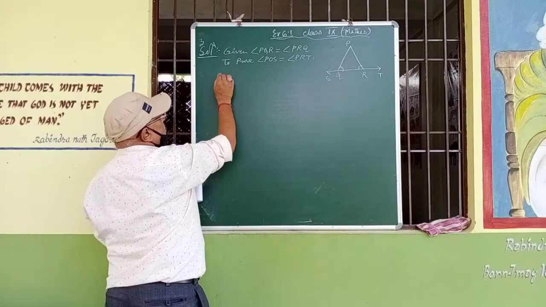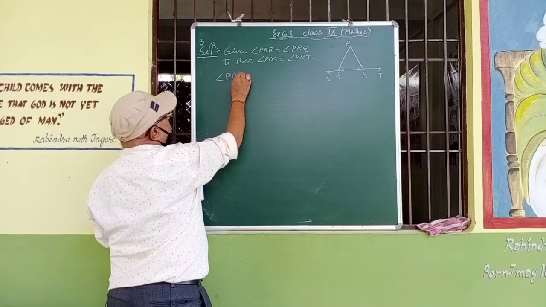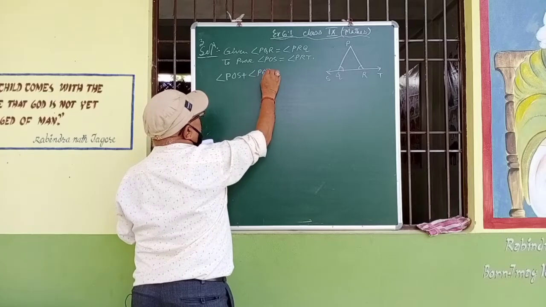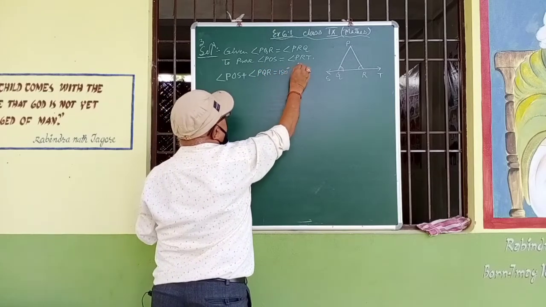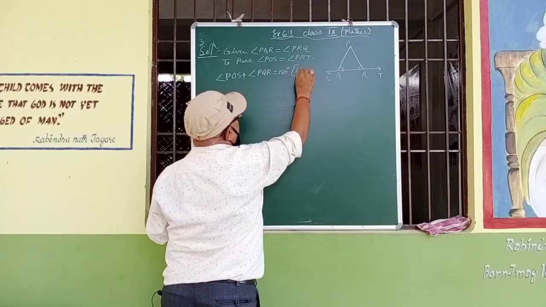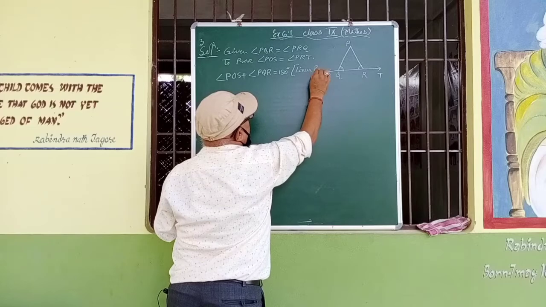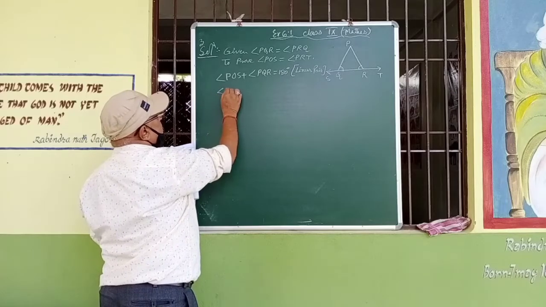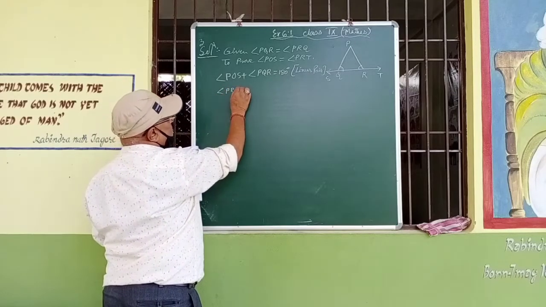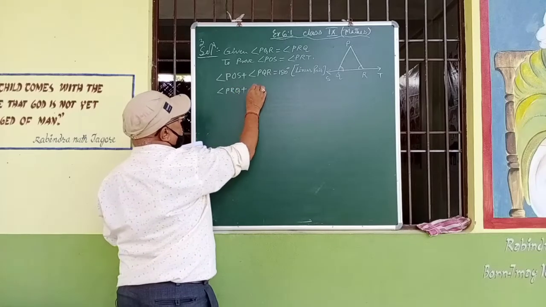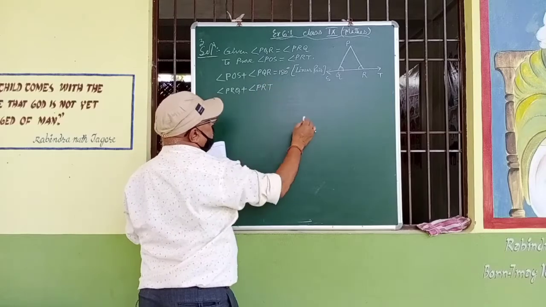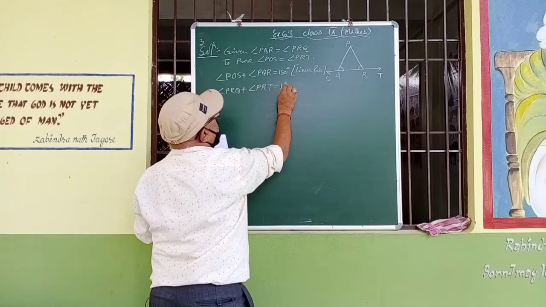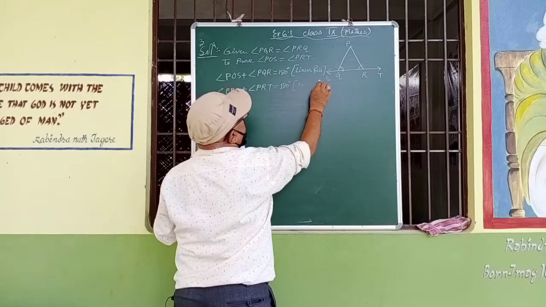Now angle PQS plus angle PQR is equal to 180 degree because linear pair, and similarly PRQ plus PRT is also 180 degree, linear pair.